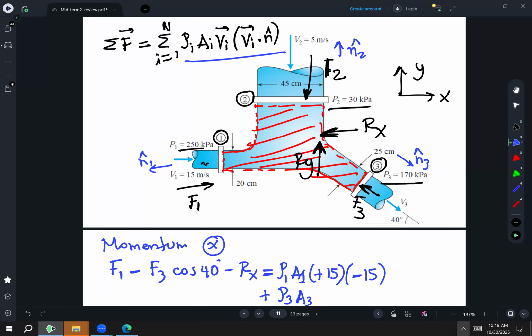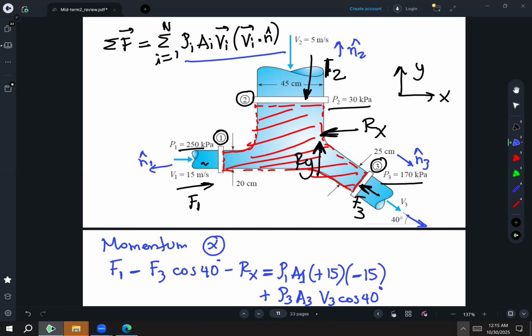And then the velocity is pointing in this way. So the component will be positive because the component is pointing in the positive x direction. So that's going to be V3 cosine of 40 degrees, positive.